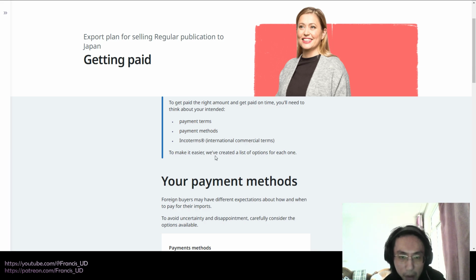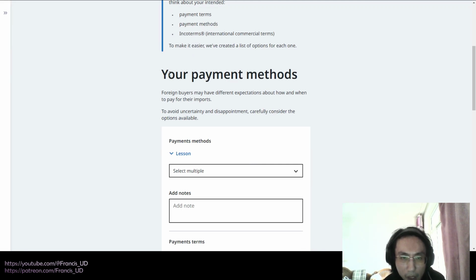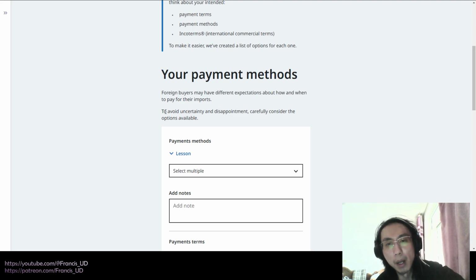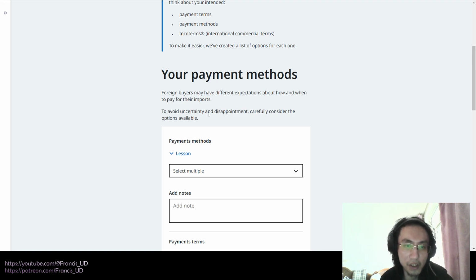To make it easier, we have created a list of options for each one. Your payment methods. Foreign buyers may have different expectations about how and when to pay for their imports. To avoid uncertainty and disappointment, carefully consider the options available.